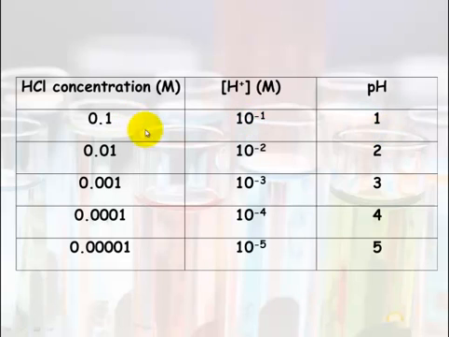I divide this concentration by 10. I now get 10 to the negative 2, and it's a pH of 2. I divide it again by 10. 10 to the negative 3, pH of 3, and so onwards. So if I go from 3 to 4, I'm actually diluting it by a factor of 10. So the concentration has decreased by a factor of 10.